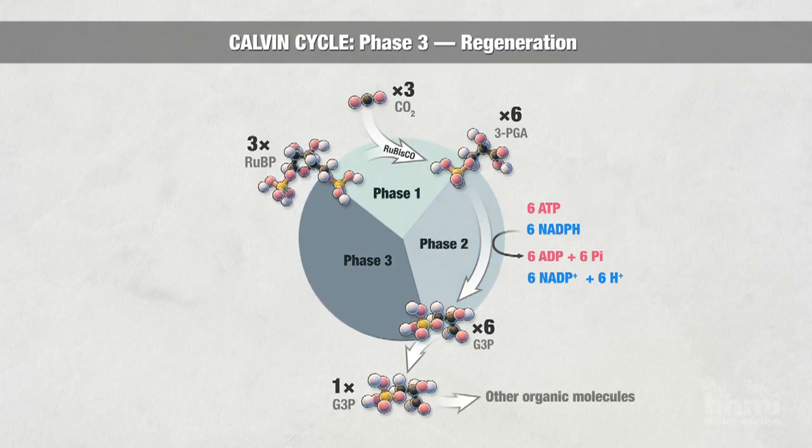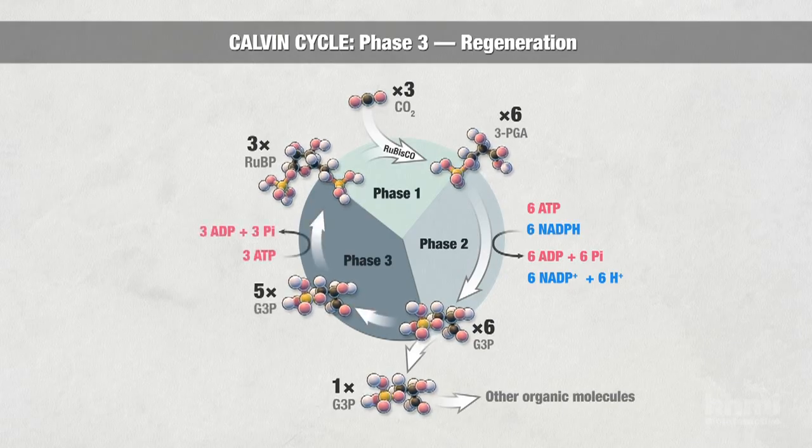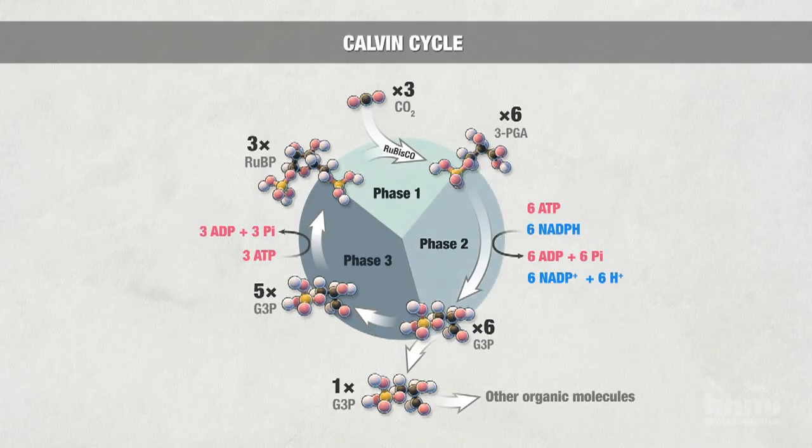In phase 3, the regeneration phase, a large set of reactions use the other 5 molecules of G3P and energy from 3 molecules of ATP to produce 3 molecules of RUBP. With RUBP reformed, the process can start again.